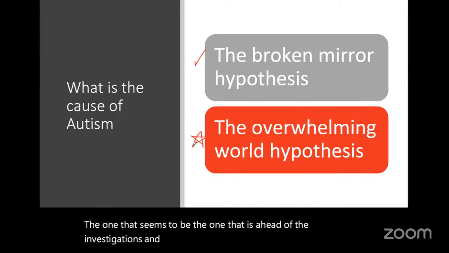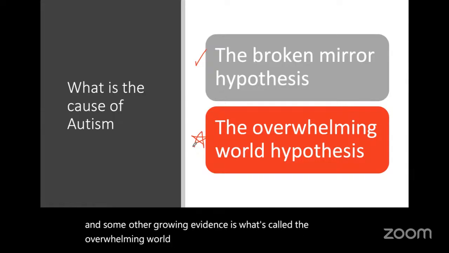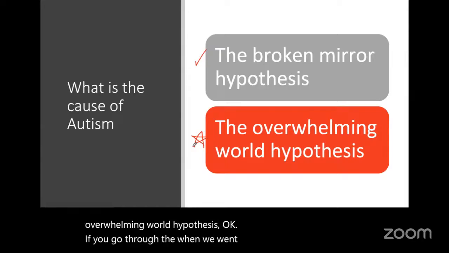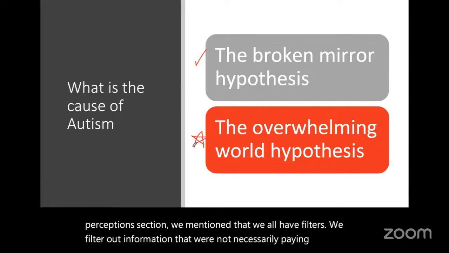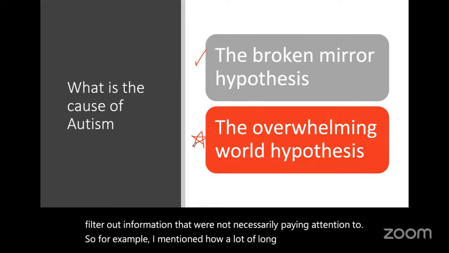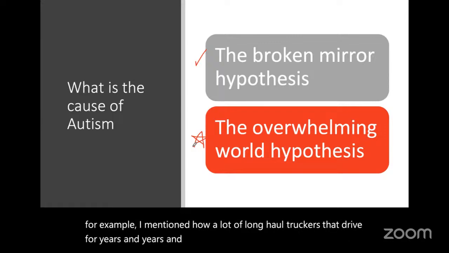The one that seems to be ahead of the investigations, and has both neurological evidence and other growing evidence, is what's called the overwhelming world hypothesis. Okay. When we went through the sensations and perceptions section, we mentioned that we all have filters. We filter out information that we're not necessarily paying attention to. For example, I mentioned how a lot of long haul truckers who drive for years tend to have hearing problems.